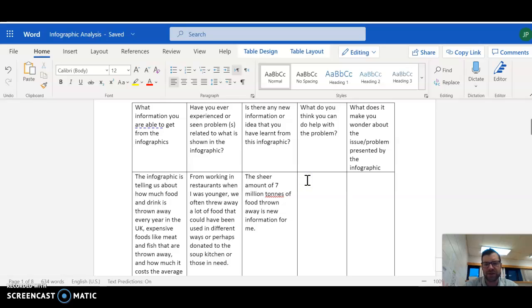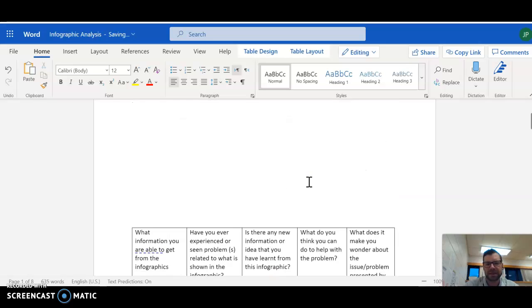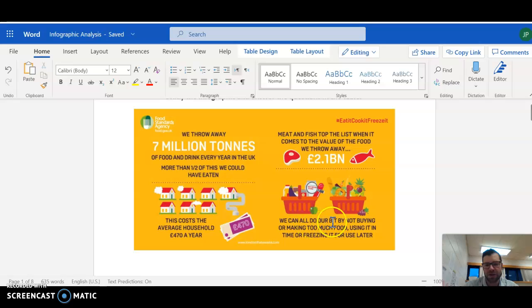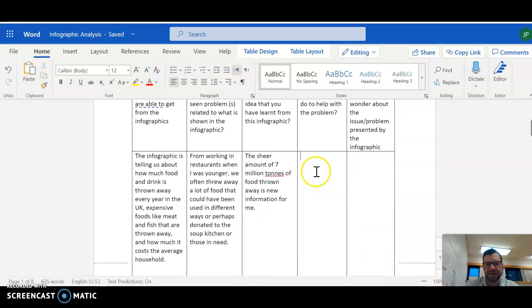What do you think you can do to help the problem? Well, there's a bit of a solution here. We can all do our bit by not buying or making too much food, using it in time, or freezing it for later. So, what can we do to help the problem?